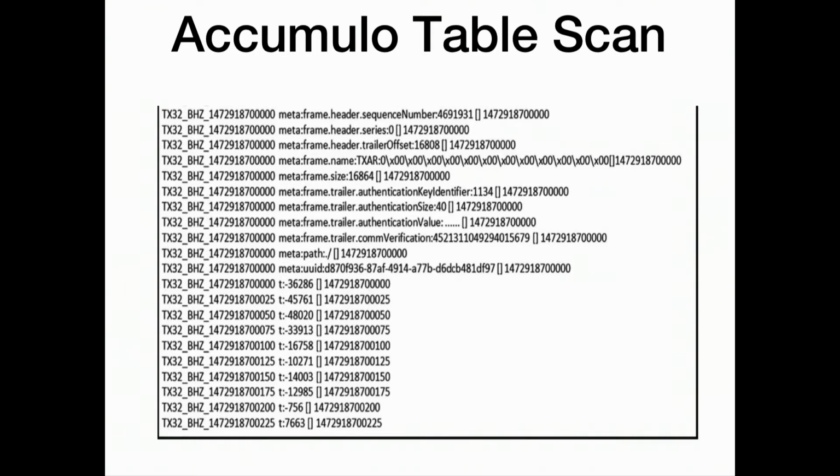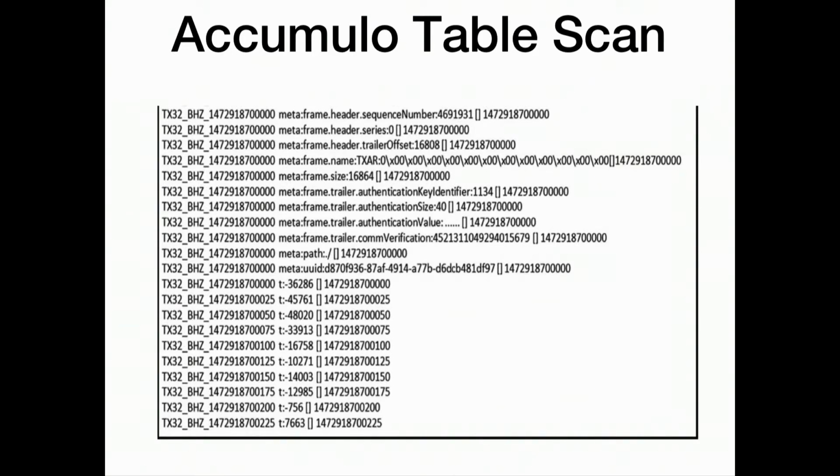You can see the meta, with the separator by space, the TX32 BHZ, the timestamp, space, that's all the row, the column family, meta, the colon separator, frame header dot sequence number. So that's the breakdown. The brackets represent the visibility, and then the timestamp is displayed because that's how it happened to be scanned for this particular breakout.